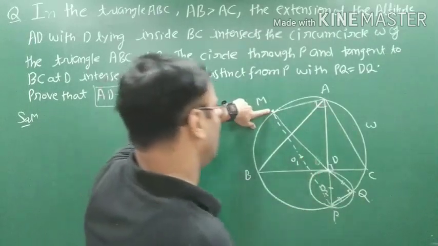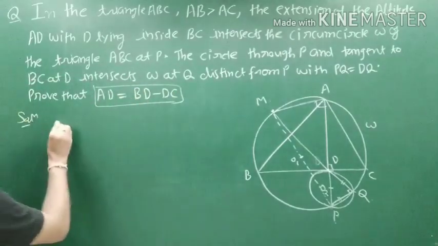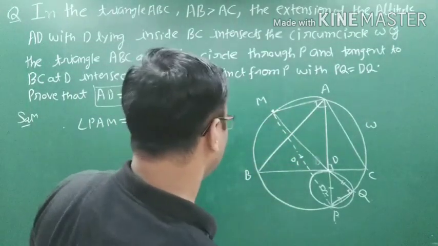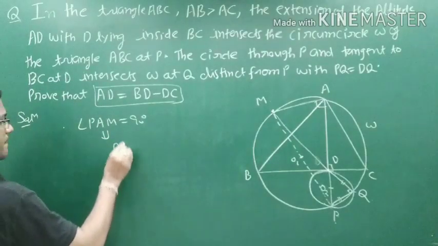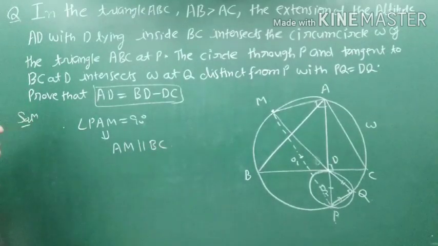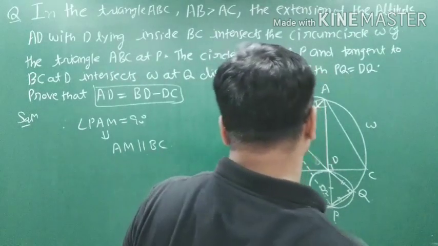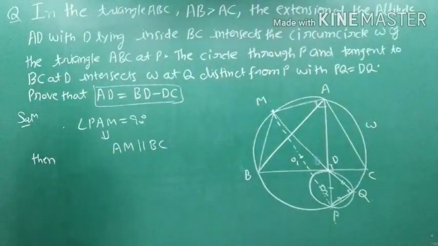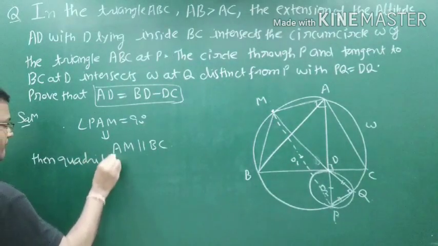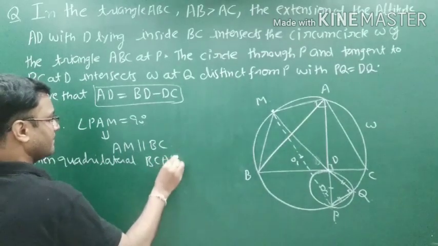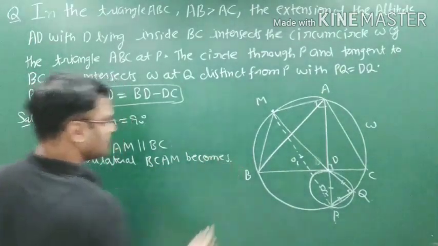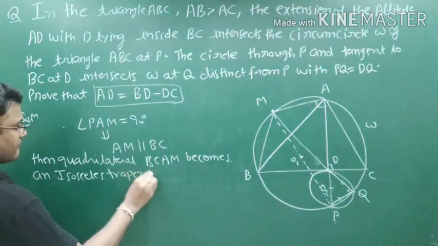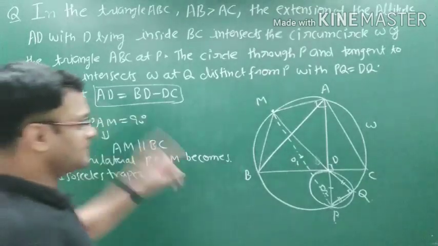Since angle PAM is 90 degrees, this implies AM is parallel to BC, and if AM is parallel to BC, then definitely the quadrilateral BCAM becomes an isosceles trapezoid.